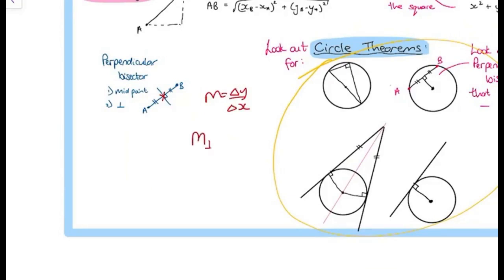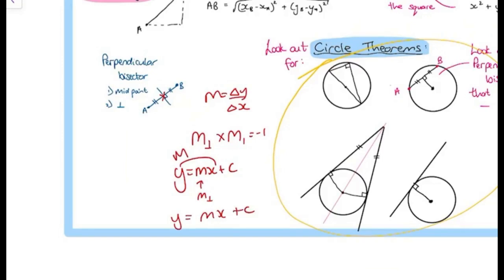So m perpendicular times the m1 should be equal to -1. So then you can find the perpendicular gradient. And then you've got a formula for a straight line. So you can plug in your coordinate, which would be the midpoint. And you can plug in your m to solve for c. And then once you have that, you can just write your equation again, where you replace your values of m and c. Okay, so that's your perpendicular bisector.